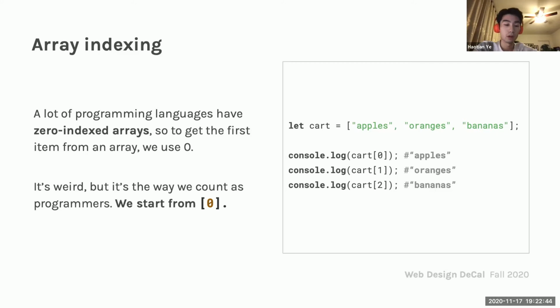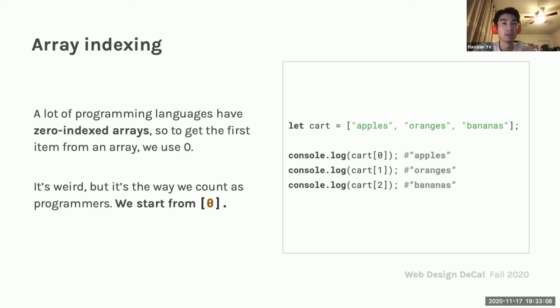How it works in CS is that most languages use zero-indexed arrays, which means the first element or the first item of the array is at the 0 position, not 1. It's at 0. Don't ask me why it's like this. Programmers are just weird. That's literally how programming started, and no one wanted to change it, I guess.